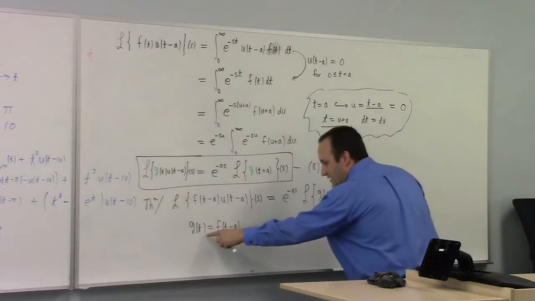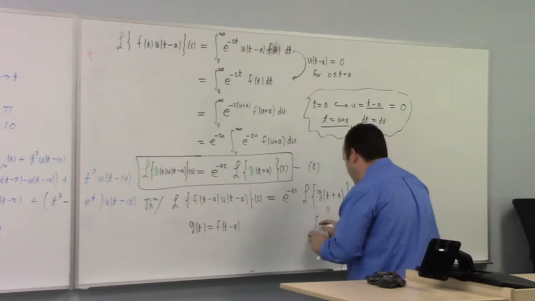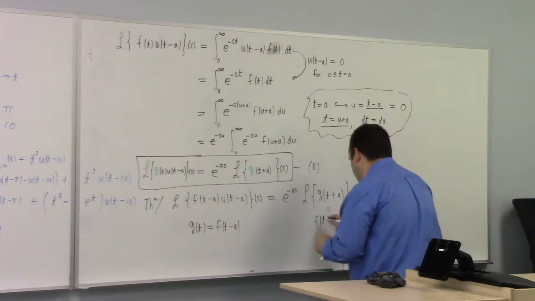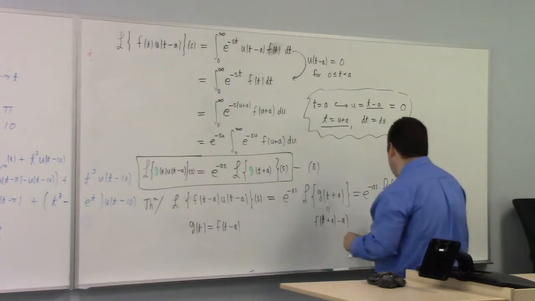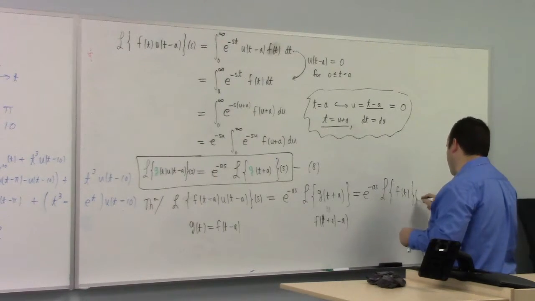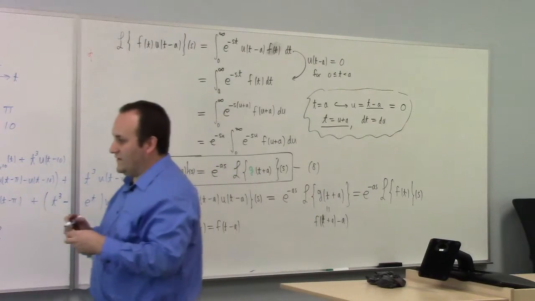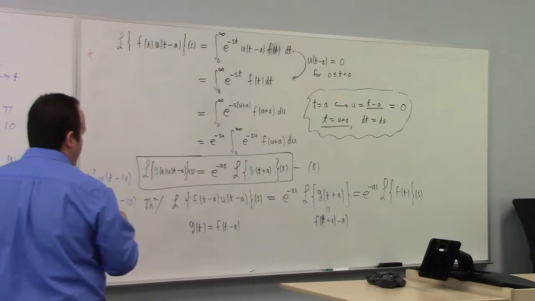If g(t) is f(t minus a), that means g(t plus a) is f(t plus a minus a). In other words, this is just the Laplace transform of f(t). So by this simple substitution, we kind of find the inverse.